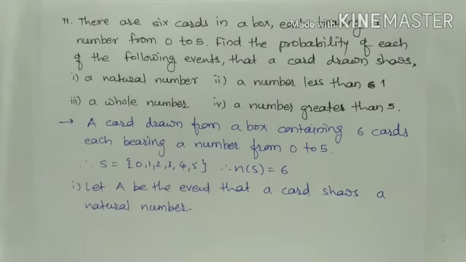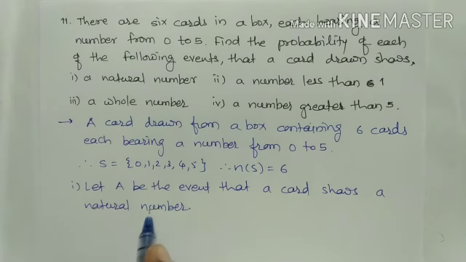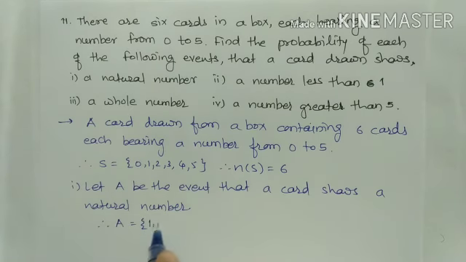Here the card bears the numbers from 0 to 5. This is the event of getting a natural number on that card. Therefore, event A is, natural numbers are from 1, that is 1, 2, 3, 4, 5. And therefore, number of A equals 5.